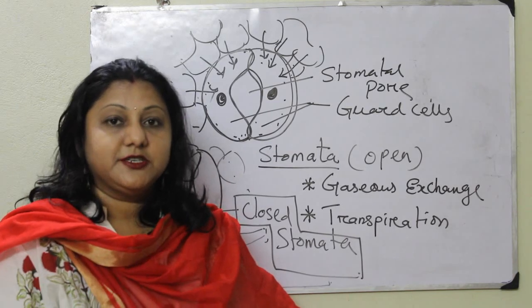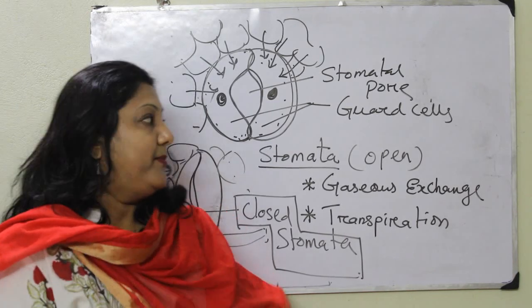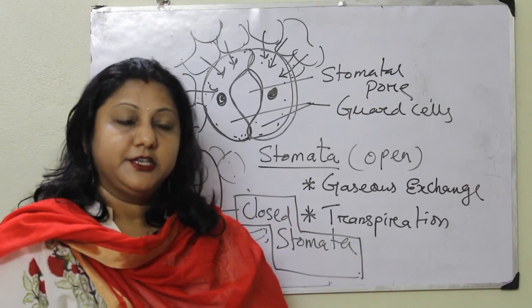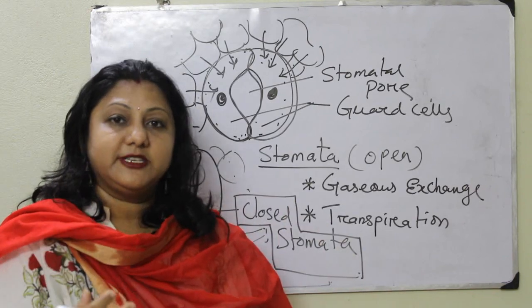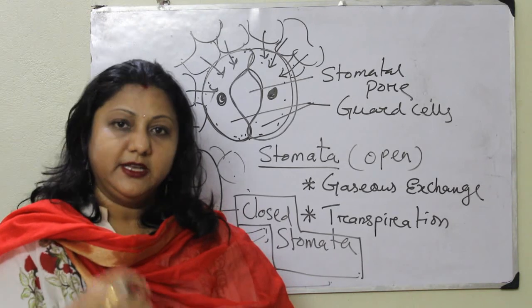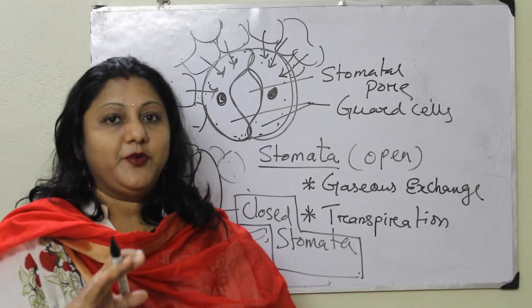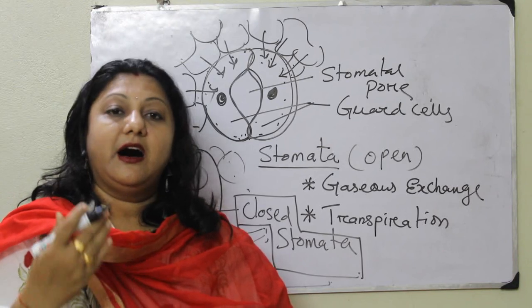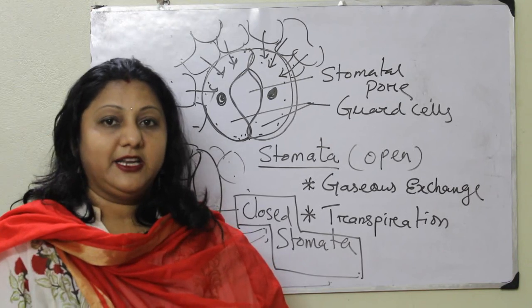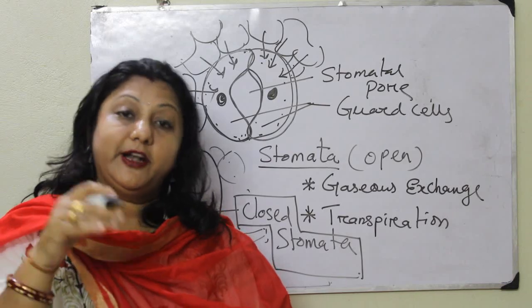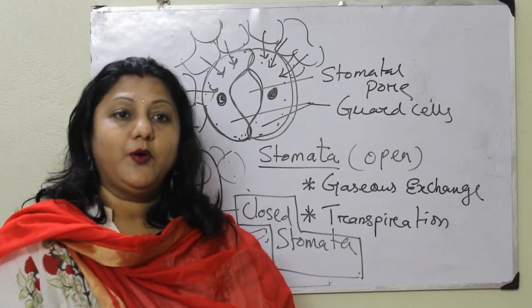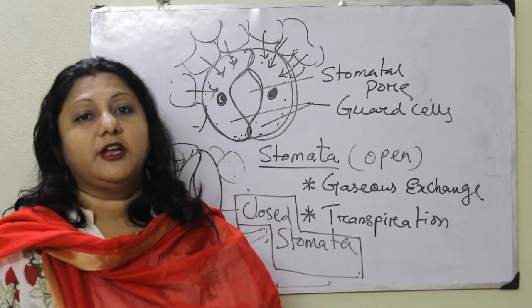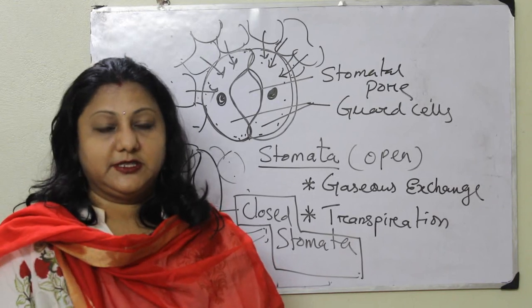So the most important role in all these functions is played by the stomata. So it helps the raw materials to enter into the plant. So now we have understood how the raw materials are coming into the plant, or what raw materials are already present in the plant, and how collectively they carry out the function of photosynthesis.